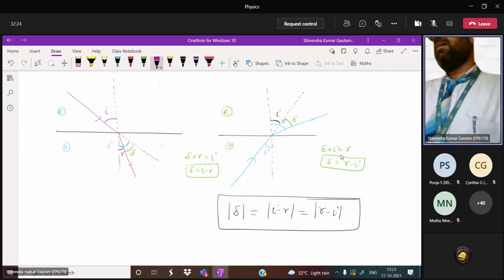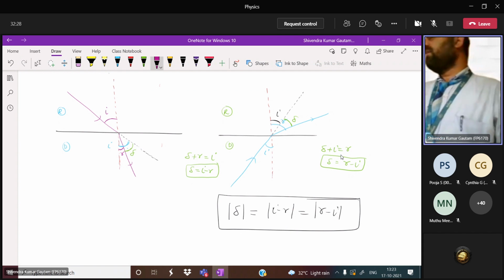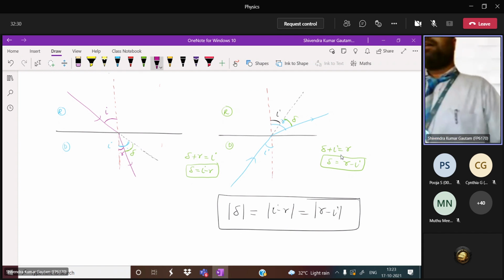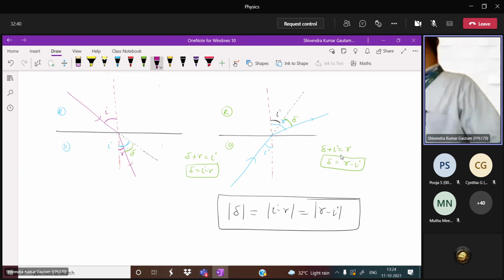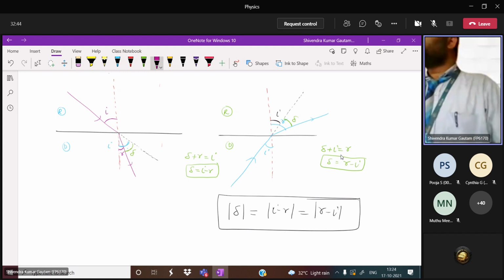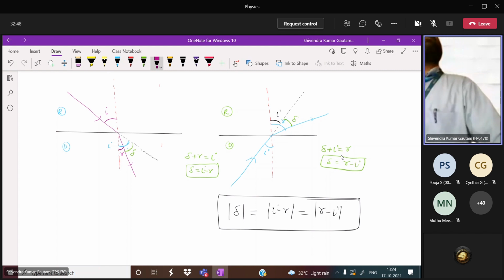What have you written? Ray goes from rarer to denser. Write down the point: when ray of light goes from rarer to denser medium, it bends towards the normal.